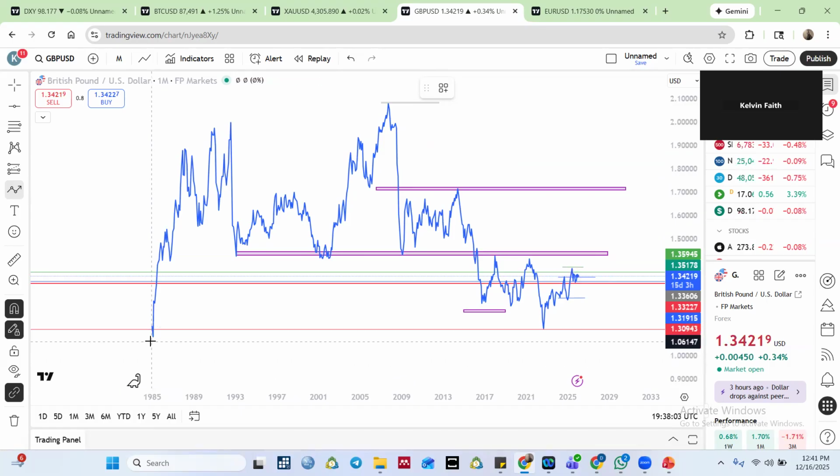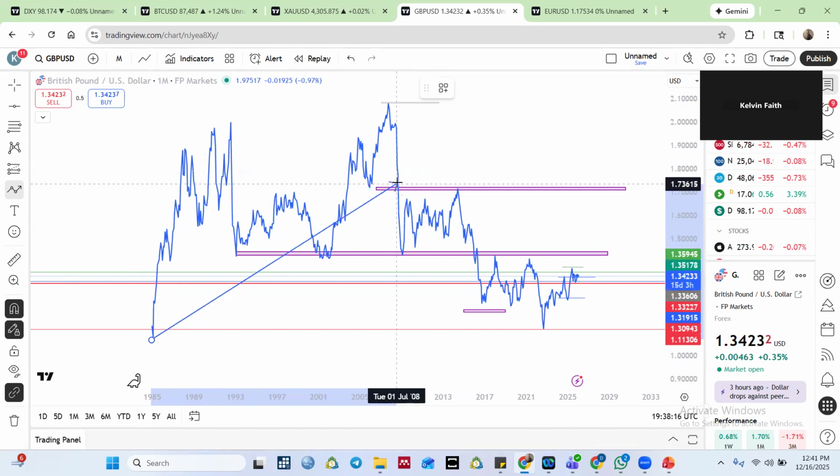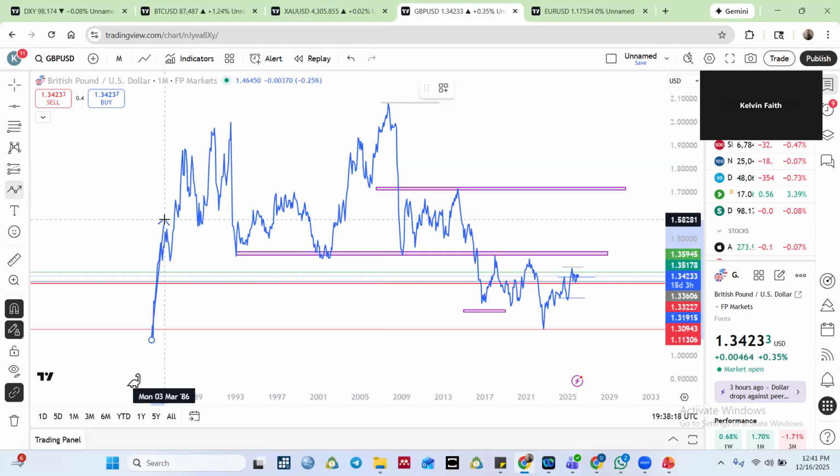So let's say price started from here. What is the first area of high that it made? It gave us this point, dropped down, moved up, dropped down, then it went up.